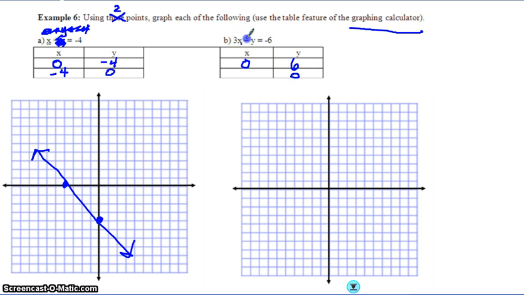When you plug 0 in for y, this term will eliminate, and you would have 3x equals negative 6, or x equals negative 2. Then simply plot those values, negative 2 and 6, and connect your line. Whoops. Let's try that again. That's a little bit better. Alright, I do encourage you to use a ruler. But that is the simplest way to graph given standard form.